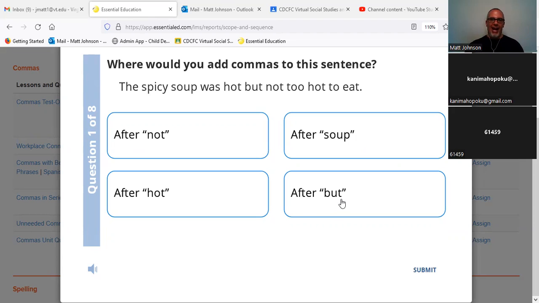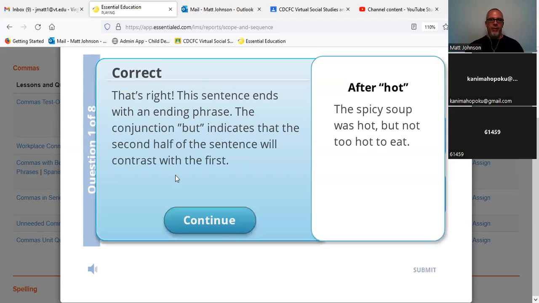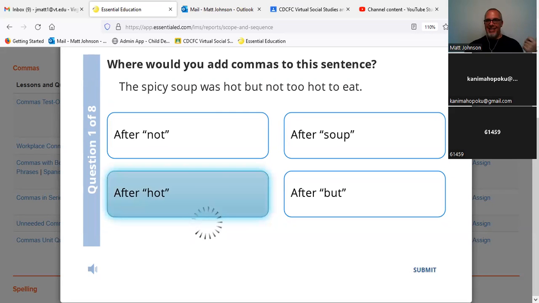So it's going to be after hot, right? So the spicy soup was hot, comma, but not too hot to eat. So anytime, that's one rule of thumb too. Look for your independent clauses to help you know where the commas go. Look for conjunctions. Look for transition words.